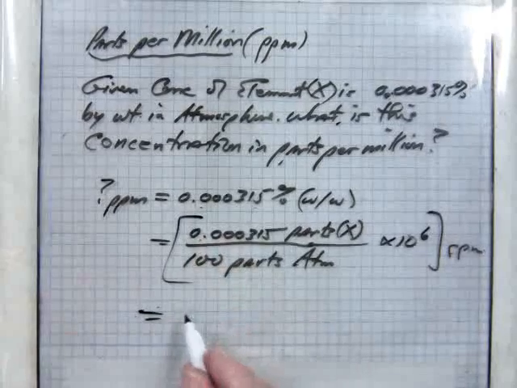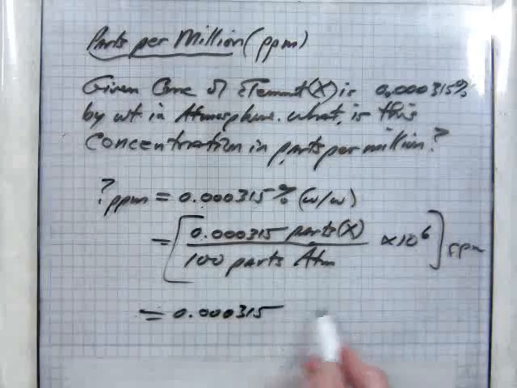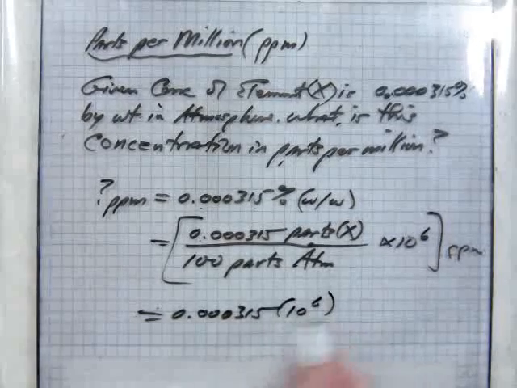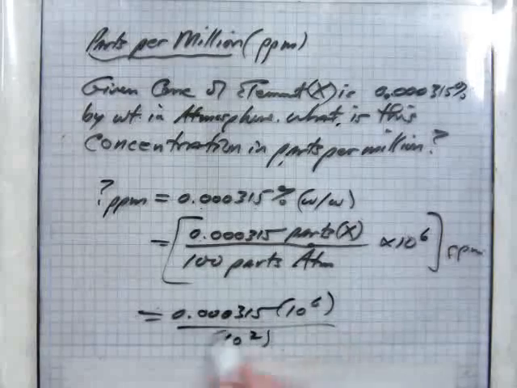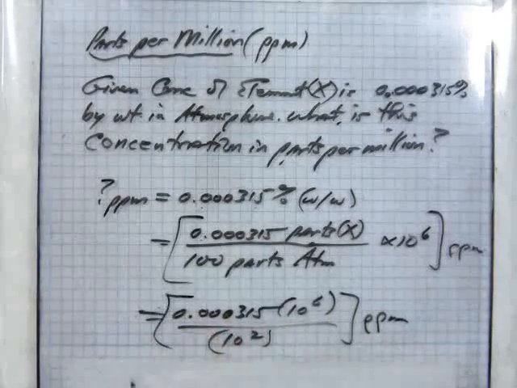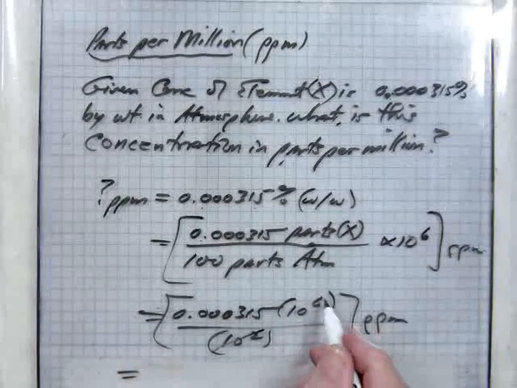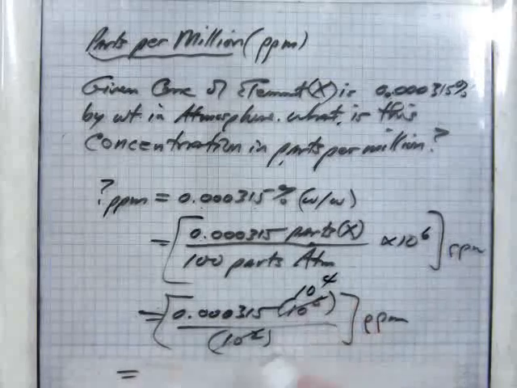And so that would be 0.000315 times 10 to the 6 over 10 squared parts per million. And that cancels to 10 to the 4th.